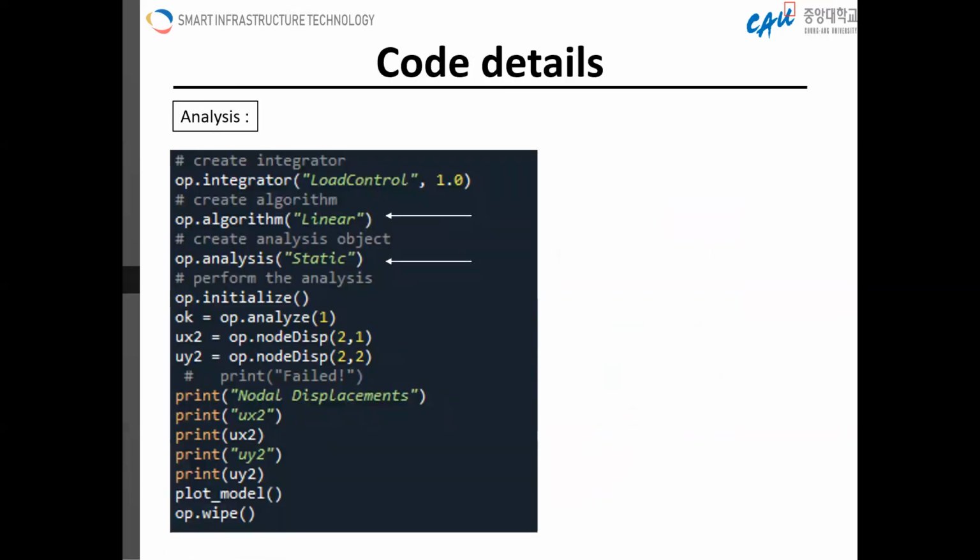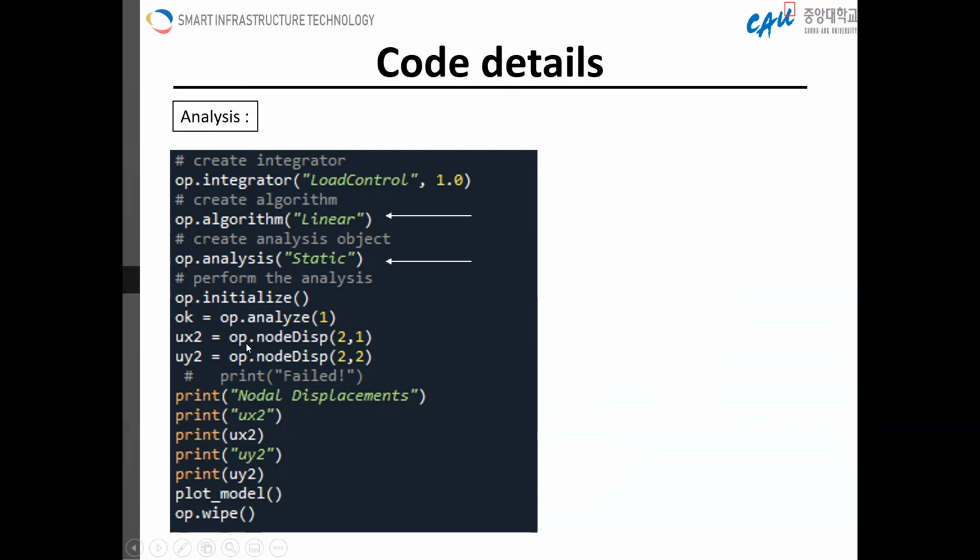So these are the commands used for the analysis steps. Integrator: load control. Algorithm: linear. This gives the iterations, how many times we are going to integrate. The algorithm is linear, the analysis is static; we initialize the analysis and then analyze it in one go.